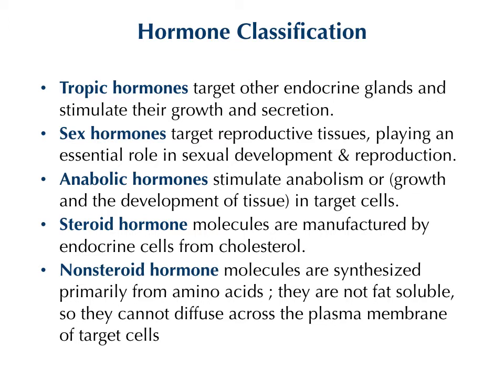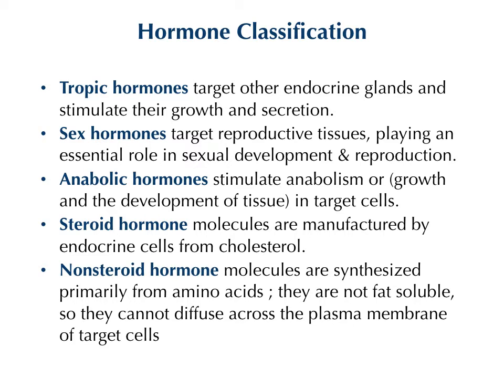As we stated, the tropic hormones are hormones that target other endocrine glands and stimulate their growth and secretion, such as adrenocorticotropic hormone, ACTH. We've seen this a little bit before, and we know that it will stimulate the release of cortisol, for instance, from the adrenal gland. Sex hormones target the reproductive tissues, and we know these as estrogen and testosterone primarily.